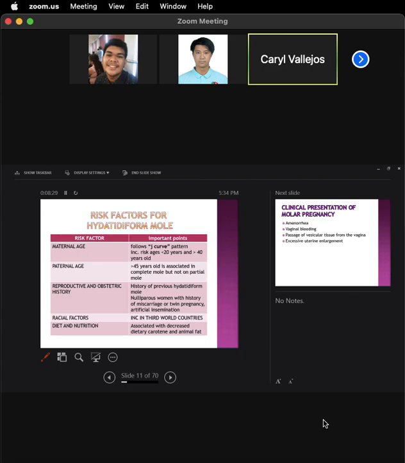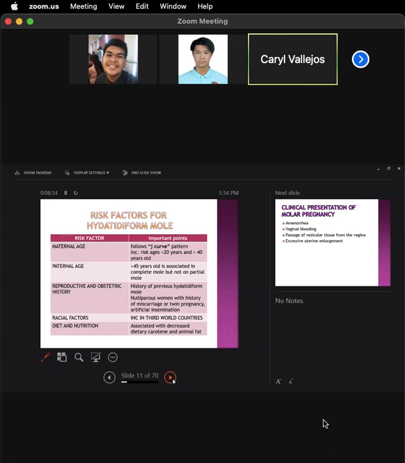For the racial factors, we mentioned a while ago that in first world countries, hydatidiform mole is very rare. However, it is increased in third world countries, and the Philippines is included in the third world countries. Diet and nutrition: it is associated with decreased dietary carotene and animal fat.